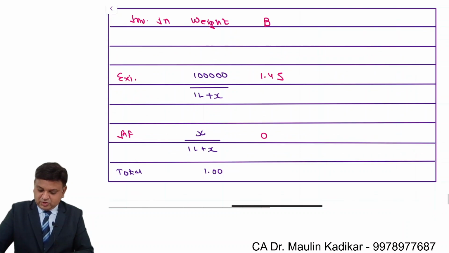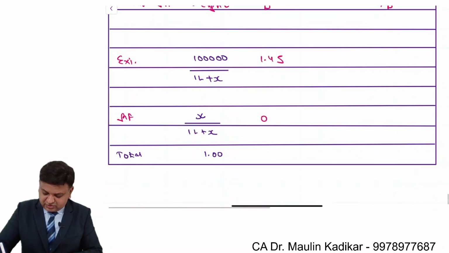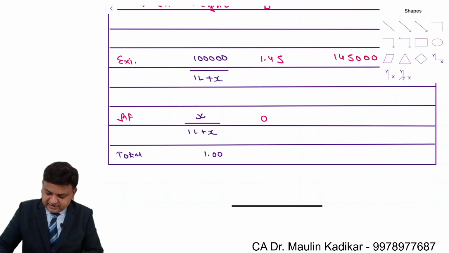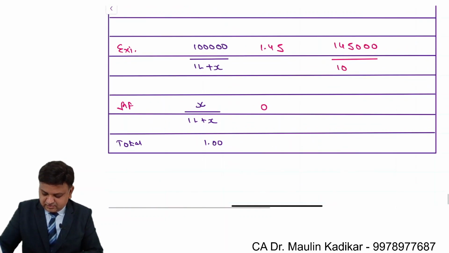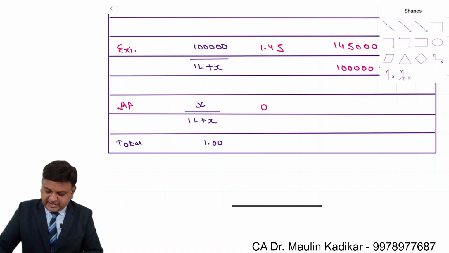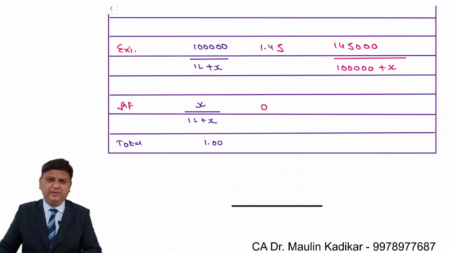So it is weight into beta. 1.45 into 1 lakh is 1,45,000 divided by 1 lakh plus X. What is the value of X? We do not know this at this point of time. And anything into 0 will become 0 only.